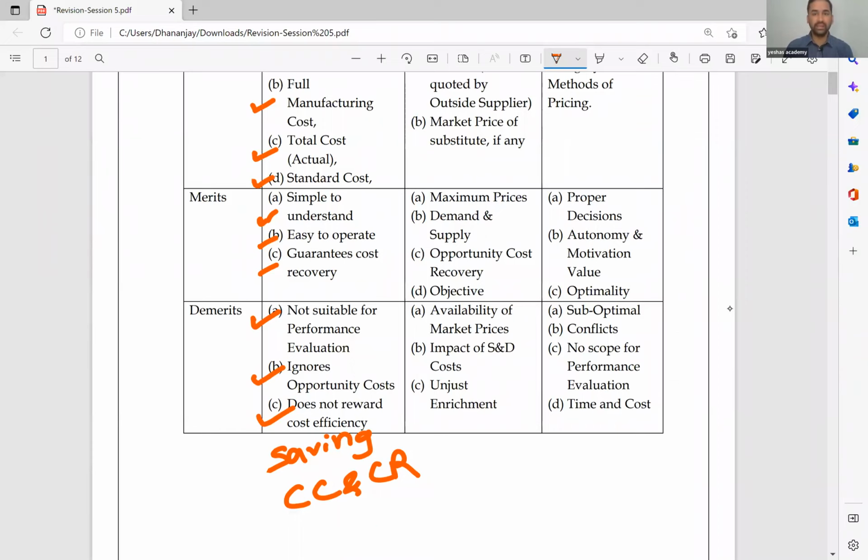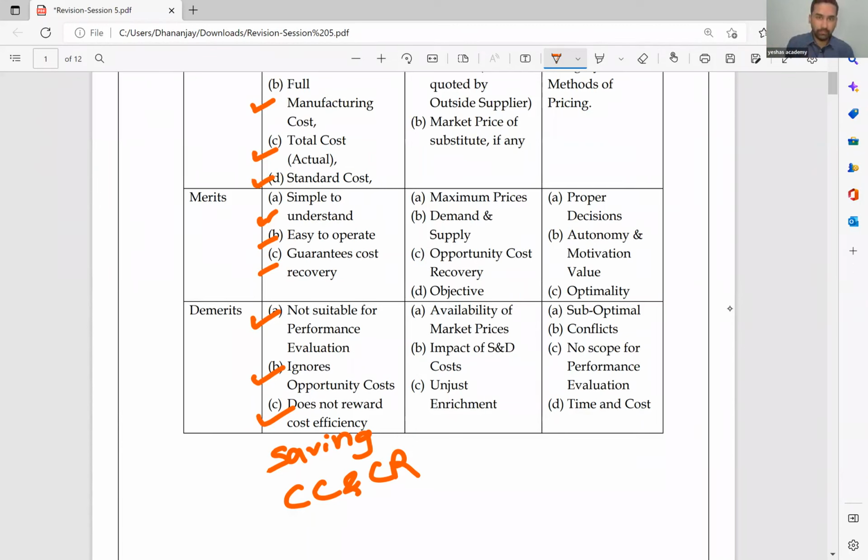Suppose if there is a price-based transfer and not a cost-based transfer, then every department or every process can book some profits. They can say that, look, we have sold it at this price. Our cost was this last month. This month we have sold or transferred at this price. Our cost has come down. Our profit, department 1 profit, has increased. Give me some incentive for reducing the cost.